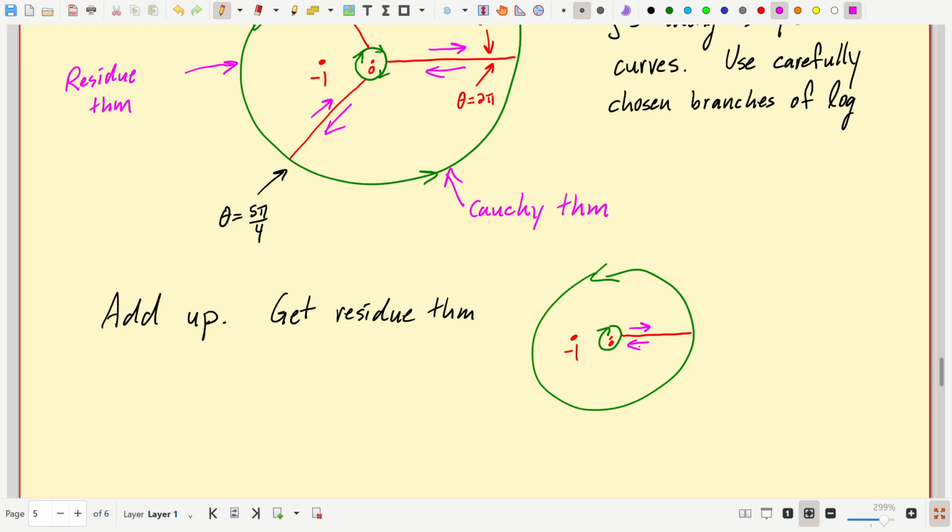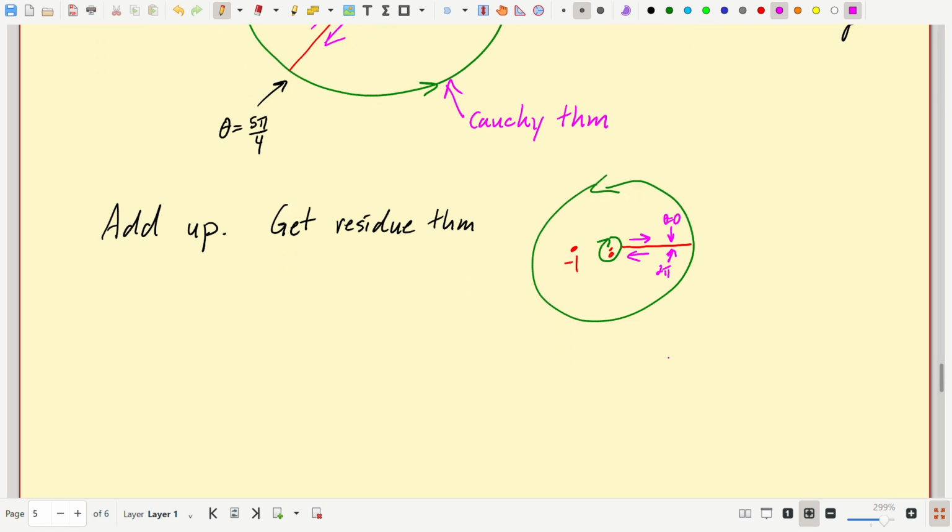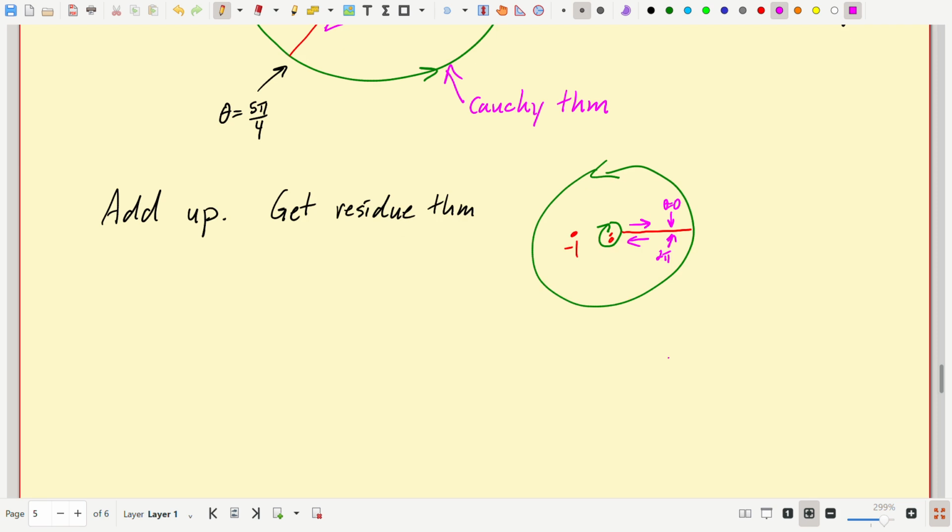And when you add up the integral going around that closed Pac-Man mouth, you'll have a theta equals 0 on the top half and a theta equals 2 pi on the bottom half, and so they don't cancel. And you get a residue-like theorem for this.